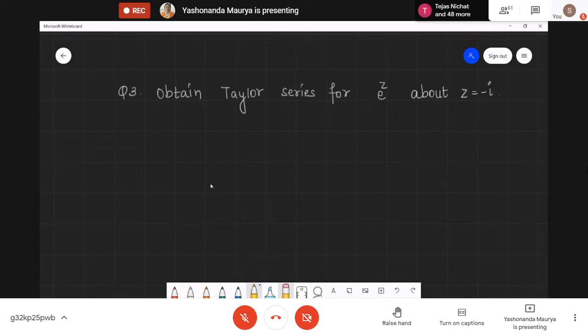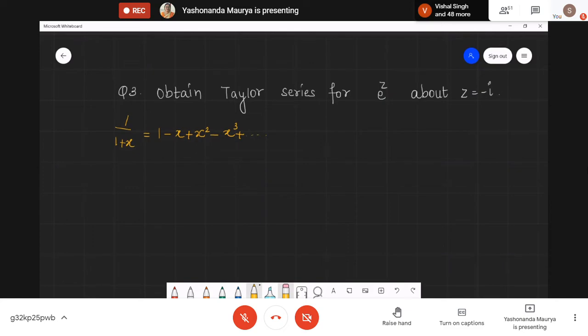See, in all the previous problems, every time we were using this expansion, 1 upon 1 plus x, so it will be 1 minus x plus x square, not plus, minus x cube and so on.